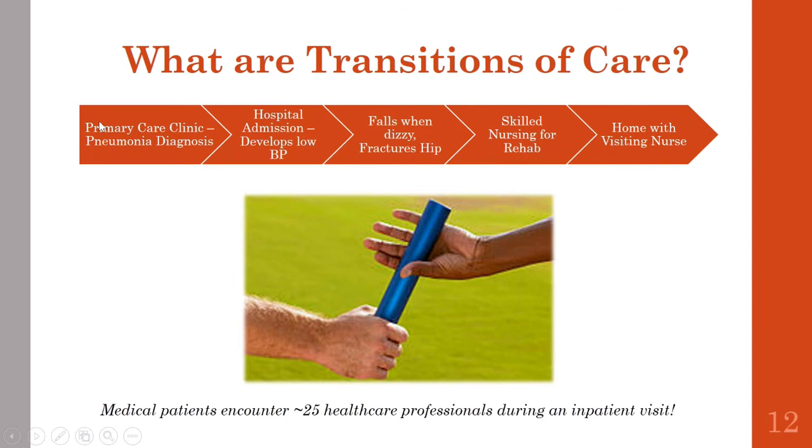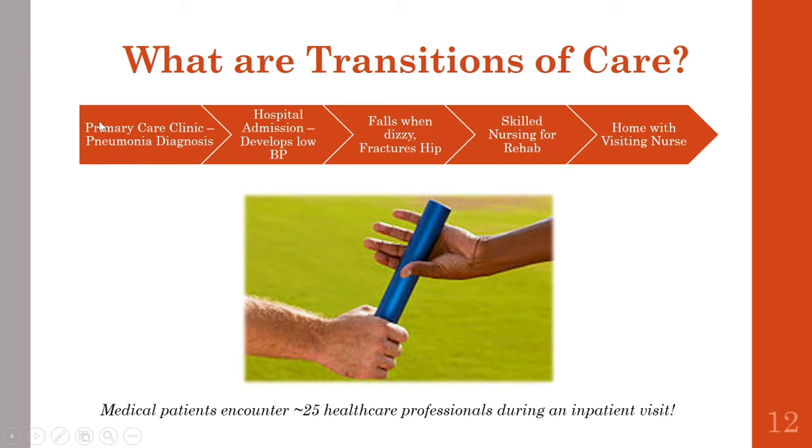I found an interesting statistic about how many people touch patients while they're in the hospital, and this is a very conservative estimate, but one study showed that medical patients, while they're on an inpatient stay, encounter around 25 people during their inpatient visit, over the course of a 2 to 3 day stay.